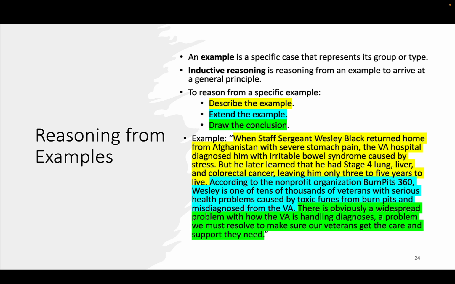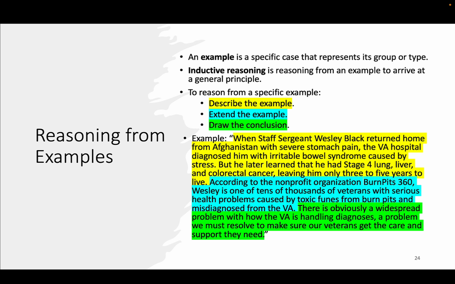According to the nonprofit organization Burn Pits 360, Wesley is one of tens of thousands of veterans with serious health problems caused by toxic fumes from burn pits and misdiagnosed by the VA. There's obviously a widespread problem with how the VA is handling diagnosis, a problem we must resolve to make sure our veterans get the care and support they need.